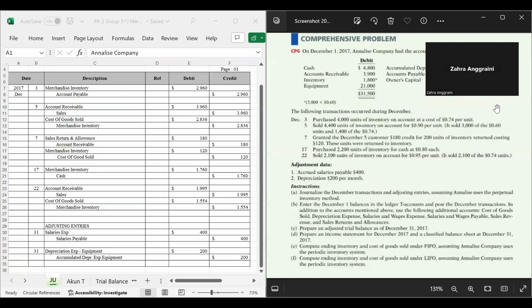The last one is depreciation of $200 per month. So it is recorded with depreciation expense equipment in debit and accumulated depreciation equipment in credit for $200.